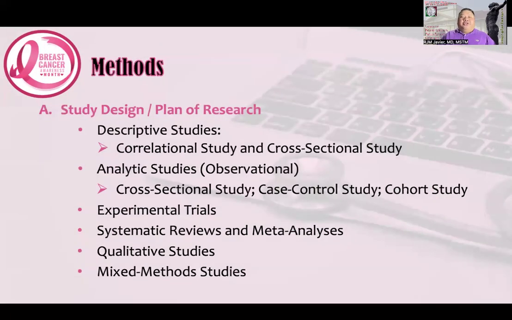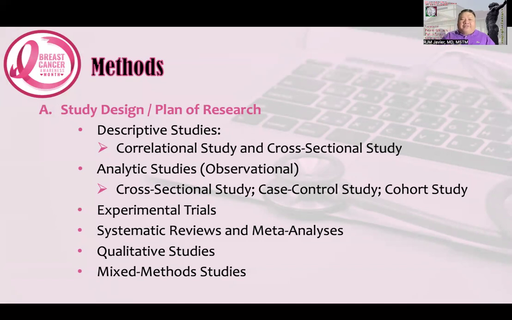Then we move on to the methodology. So this would be the technical dimension of what we are teaching you since second semester of first year. So we've introduced you to the various research designs. During first year, second sem, we said that most quantitative epidemiological data can be dichotomized into your descriptive and your analytical studies.